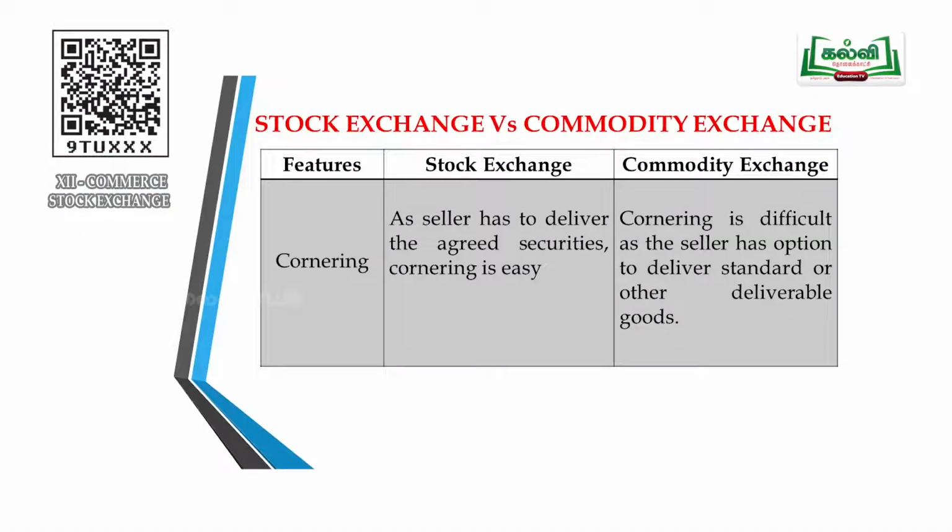What's cornering? A seller has to deliver the agreed security, so it is very easy. But in a commodity exchange, cornering is very difficult, as a seller has the option to deliver the standard or other deliverable goods. It is called cornering in the commodity exchange.